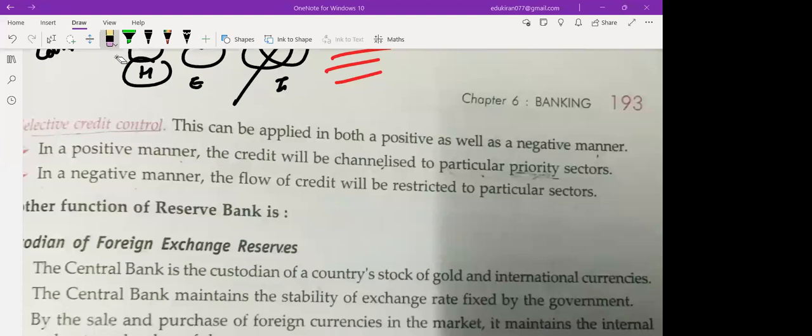In the particular manner, the credit will be charged over the particular sector in a negative manner. Another function of the Reserve Bank is foreign exchange.